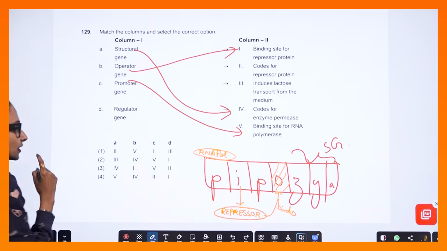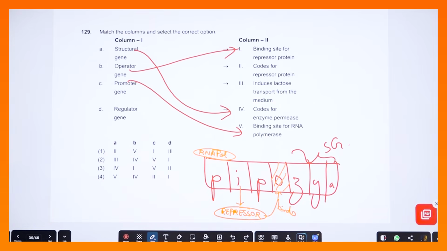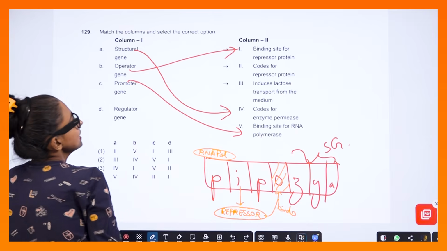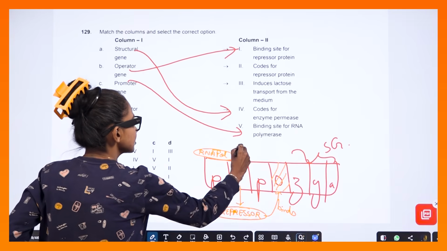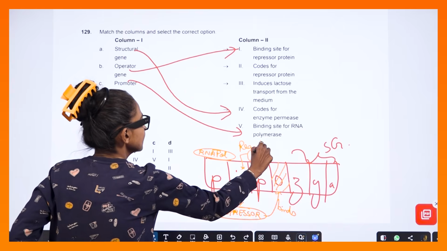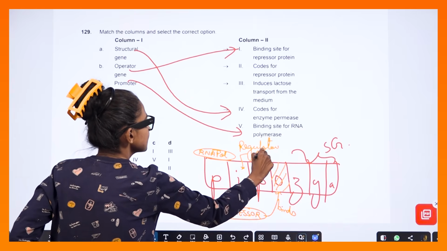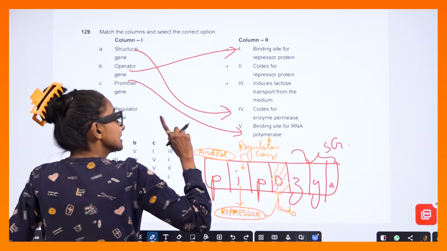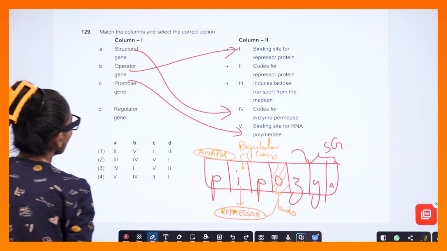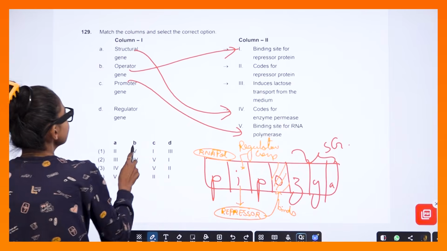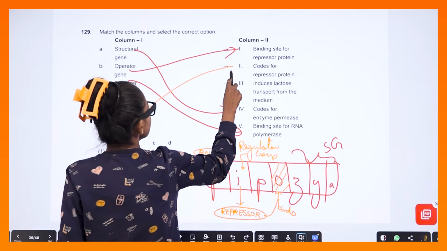Remember the lac operon when lactose is absent. The regulator gene is going to produce repressor protein that, if lactose is absent, will go and bind to the operator site. So that means the regulator gene codes for this.